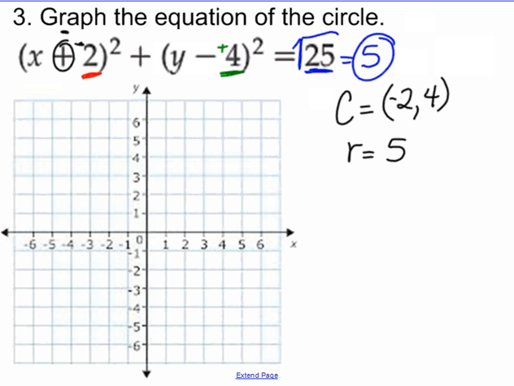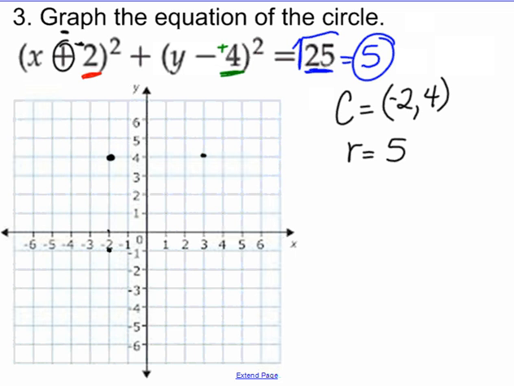So now we can actually draw this. Let's find the center. We have x -2 and y +4. 1, 2, 3, 4. There's my center. Now I need to count my radius. My radius is 5, so I'm going to count 1, 2, 3, 4, 5 in each direction.